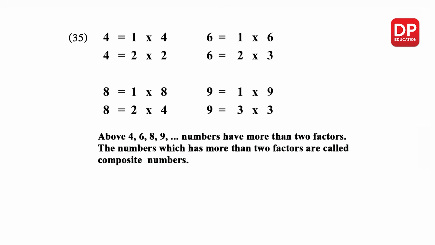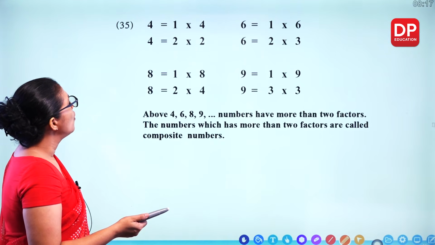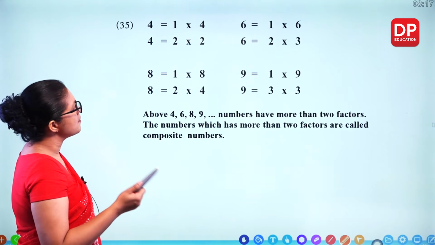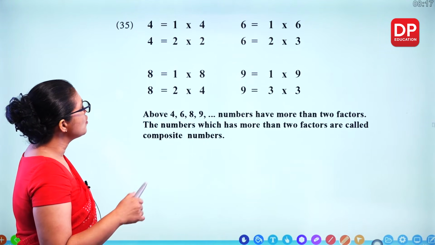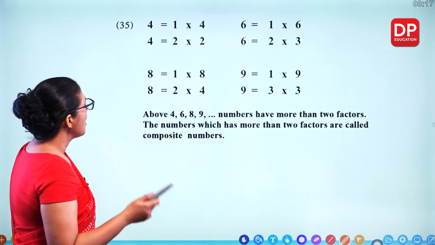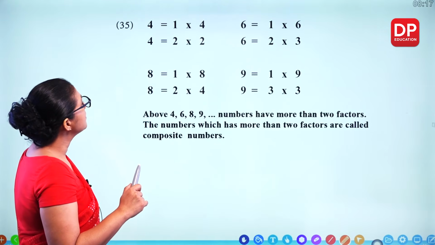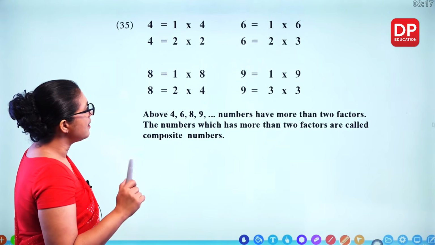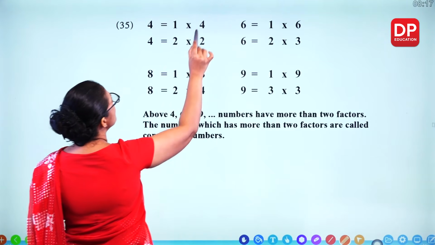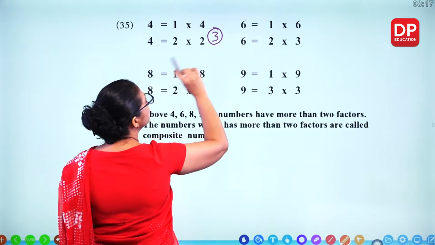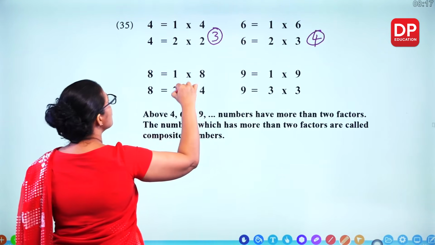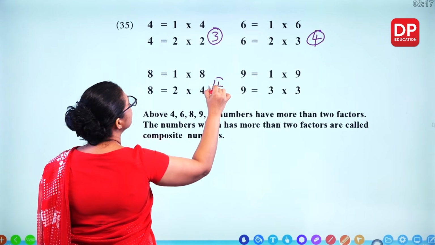Now let's take 4. 4 means 1 times 4 or 2 times 2. 6 is 1 times 6, 2 times 3. 8, 1 times 8, 2 times 4. 9, 1 times 9, 3 times 3. The numbers 4, 6, 8, 9 have more than 2 factors. Here 1, 2, 3: 3 factors. 1, 2, 3, 4: 4 factors.